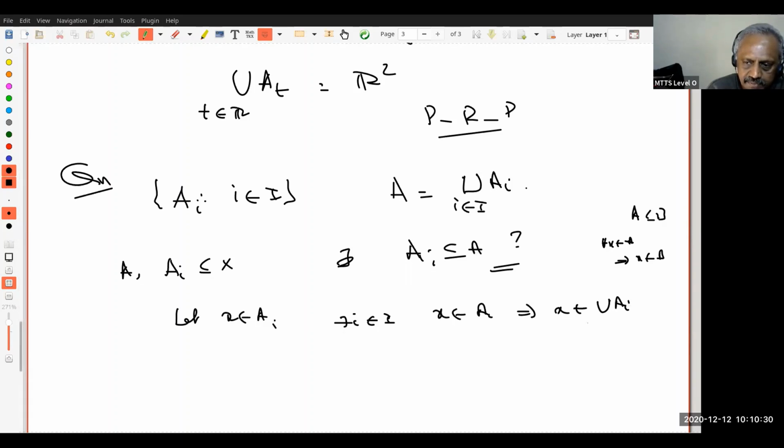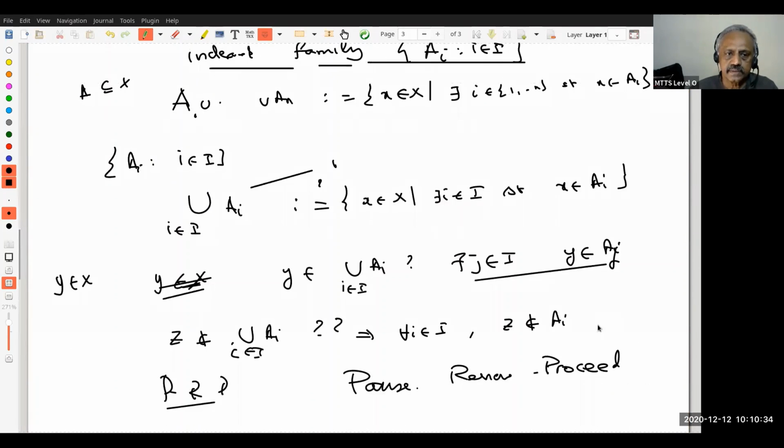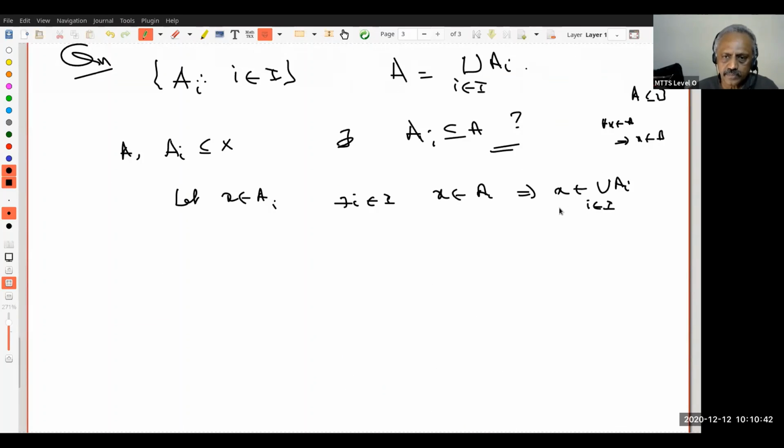That's our definition. When x has to be in the union, what should I know? I have to find at least one i so that x is an element of A_i. So we have proved. Okay, this is very trivial, but I just want you to see how to go through these things rigorously.